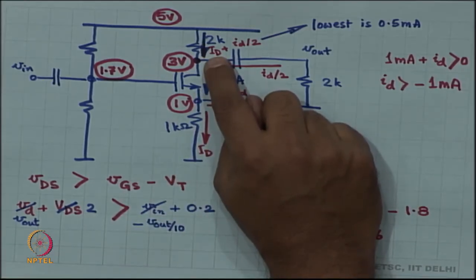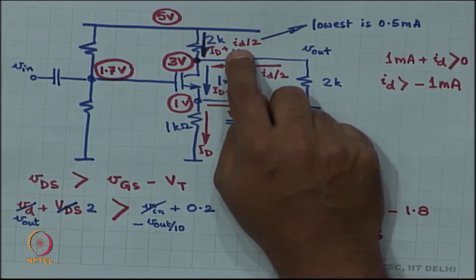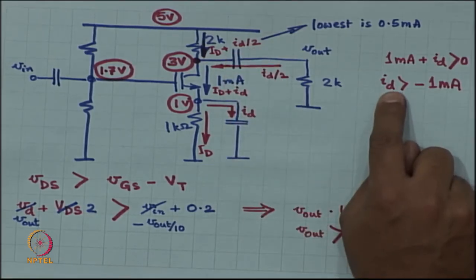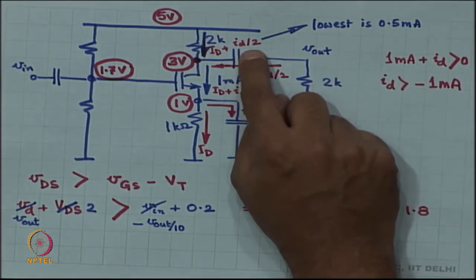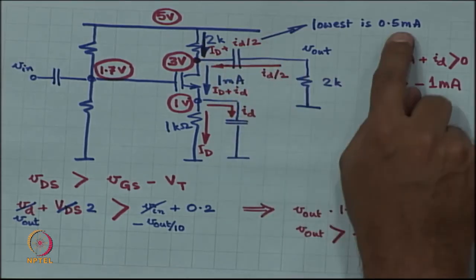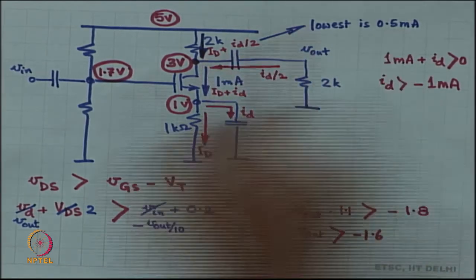The smallest value of small id by 2, the least value of small id is minus 1, so the least value of small id by 2 is minus 0.5. So, the least of the total is 1 minus 0.5, which is 0.5 milliampere.